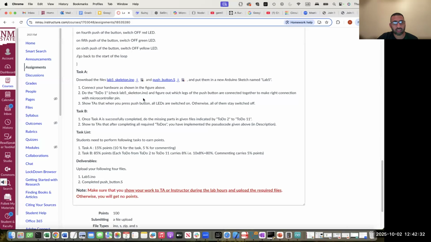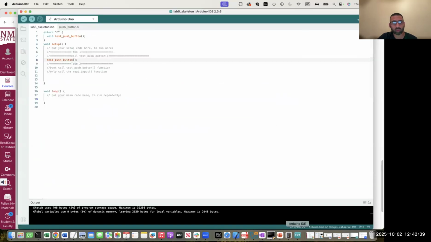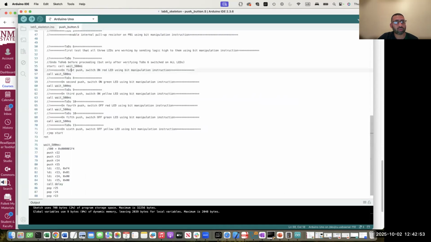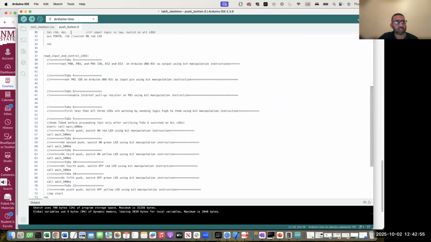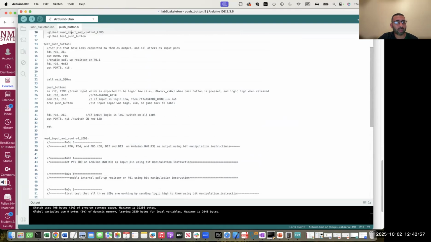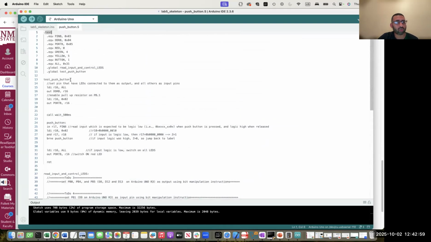And then after that, you open the skeleton. Let me show you. I have already opened it on my computer. So here, what you need to do is to do one, which is basically just simply call the test push button function, and this function is already implemented for you in the pushbutton.s file. So you don't need to do anything.